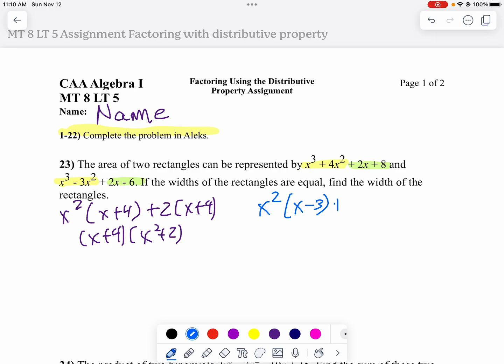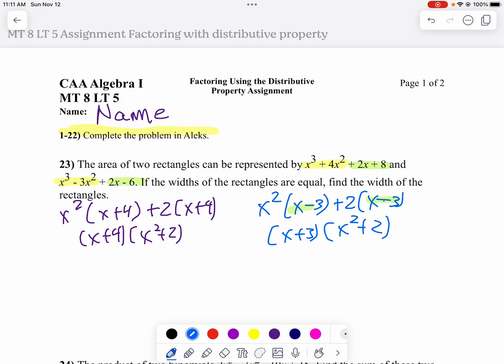So I'll say plus 2 times x minus 3. And then I factor out my x minus 3 from each term. I'll get x minus 3 times x squared plus 2.